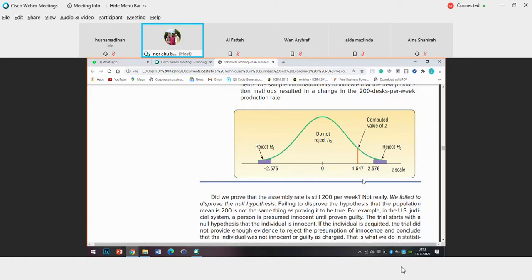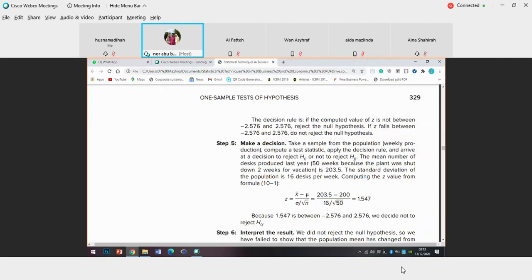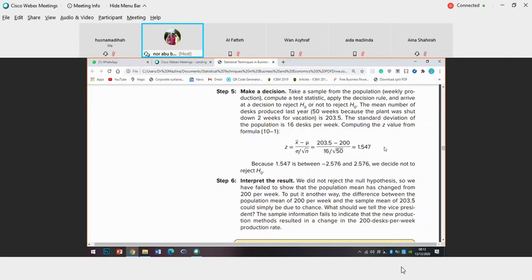Okay, maksudnya adalah awak tengok jawapan dia 1.547 kan? Okay? Boleh tak awak tengok dekat table, normal table awak? Ataupun awak gunakan calculator awak, you use your calculator using R. Boleh tak awak tekan R 1.547. Okay, bagi tahu saya apa jawapan awak.